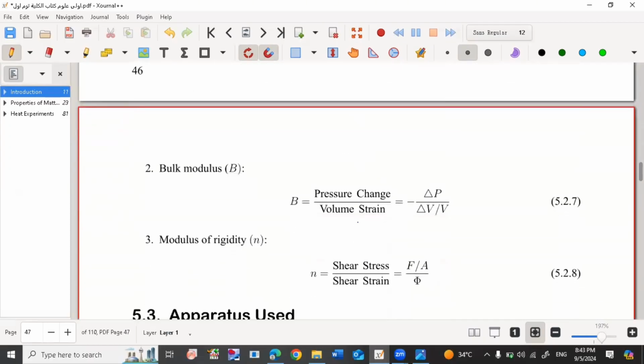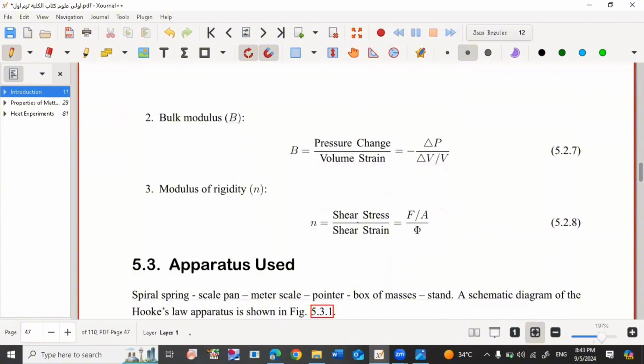So also there is the bulk modulus, and its symbol is B. And this means there will be a change in stress over strain. So there may be delta P over delta V over V. And in this case, this minus means there is a restoring force, or it will be shrinkage in the bulk or in the volume.